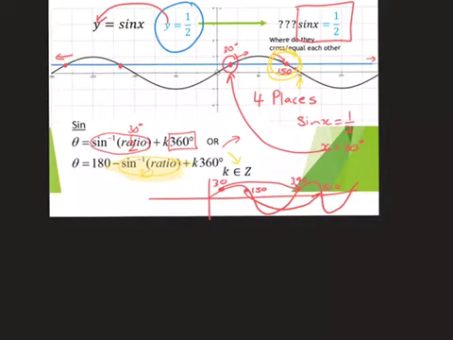So if I wanted to find the next upslope from 390, I'd add 360 again. And then from 510, I'd add 360 again. Why 360? Because that's the period of a sine graph. The sine graph starts to repeat itself every 360 degrees. Every 360 units on the scale. So the degrees are your units here.